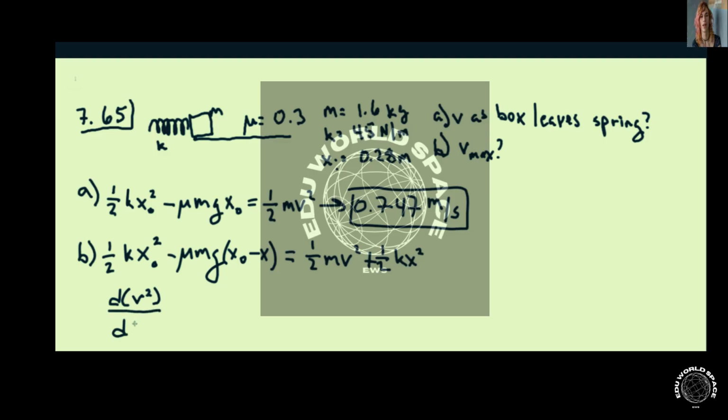And because squaring something that is always positive to begin with, like speed, preserves the ordering, the maxima of v are going to be the maxima of v squared, basically.